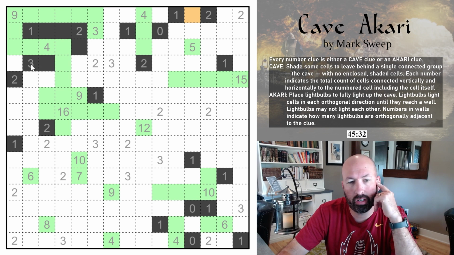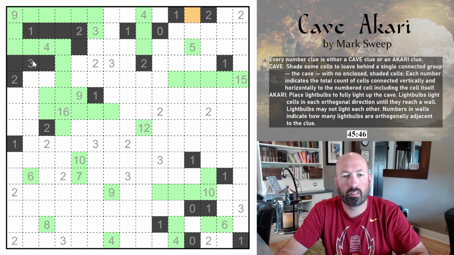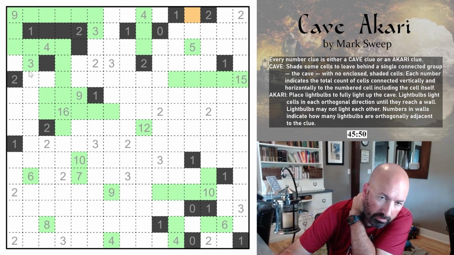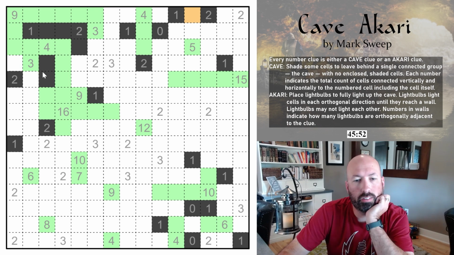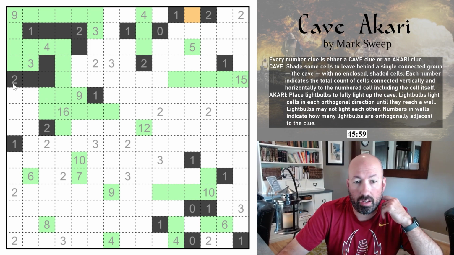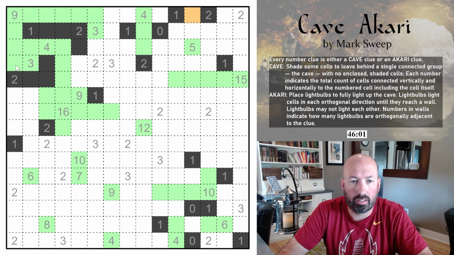And now this 3 can't be wall because you've already lost one side, and the other sides, one of these, because of the checkerboard, you can't make both of these green. So the 3 can't be wall now. And this wall has to get to the edge of the grid, so you're going to have to do that. Okay. And now we know, now we can put some more lights, because this 2 has to have 2 lights, and those are the only options.